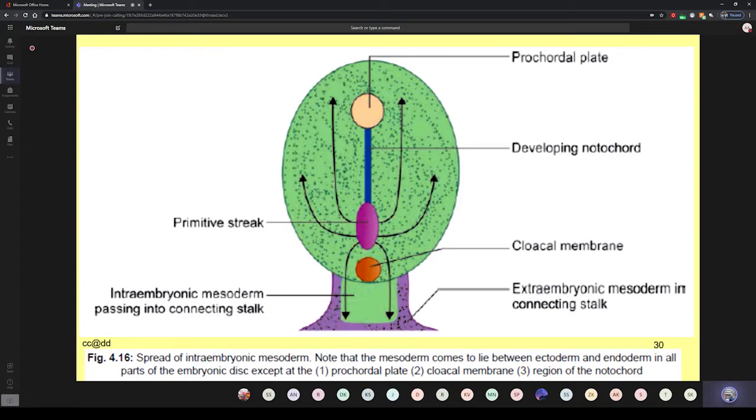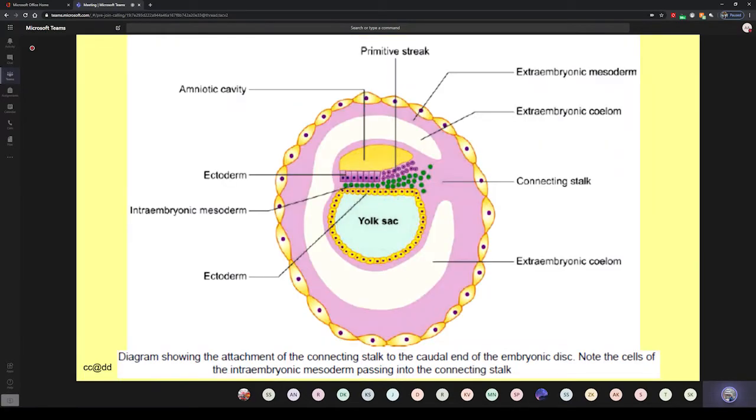And already the word intraembryonic mesoderm is appearing in this picture, right?